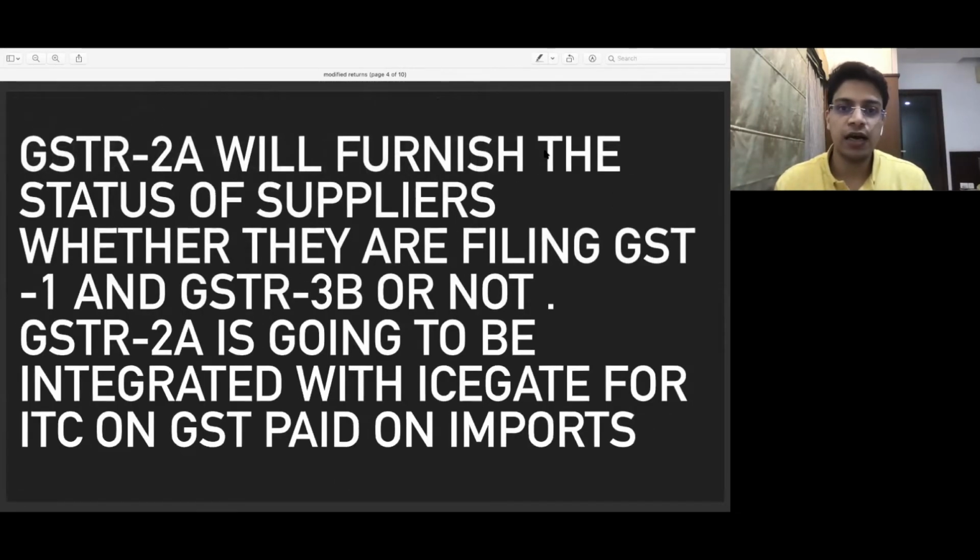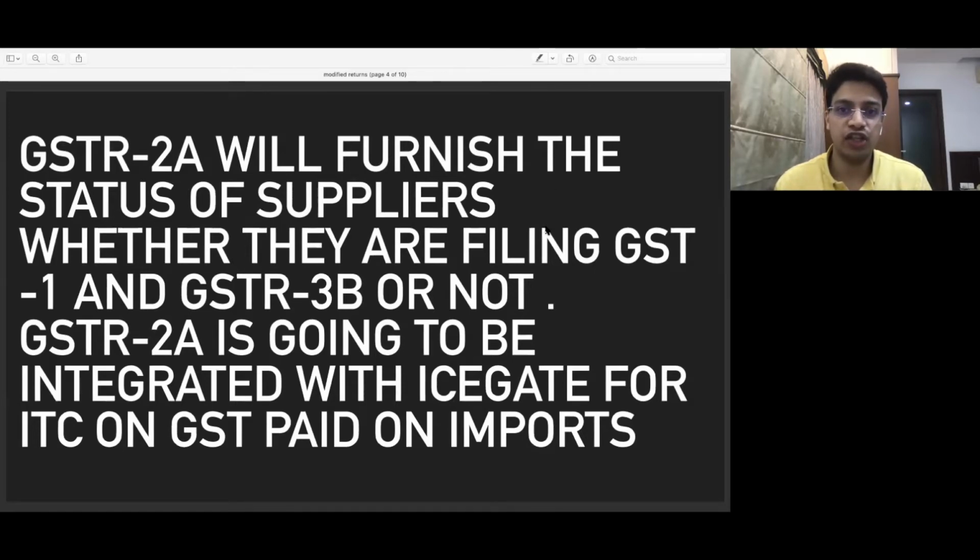The GSTR2A will furnish the status of suppliers, whether they are filing the GSTR1 and GSTR3B or not. And GSTR2A is going to be integrated with ICEGATE for ITC on GST paid on imports. So what is it about?